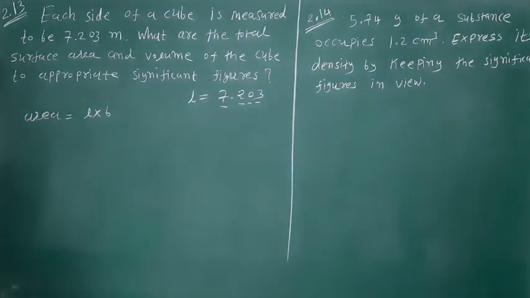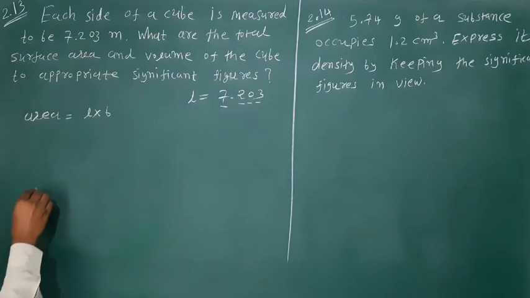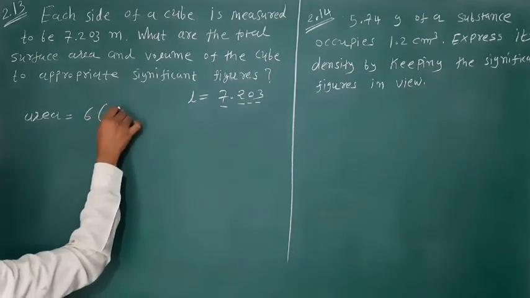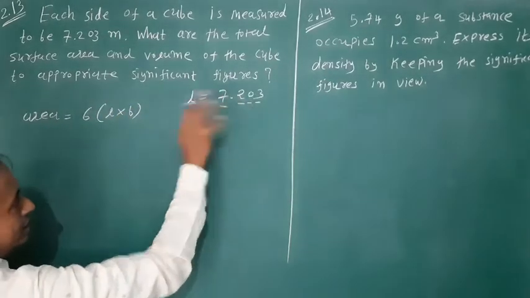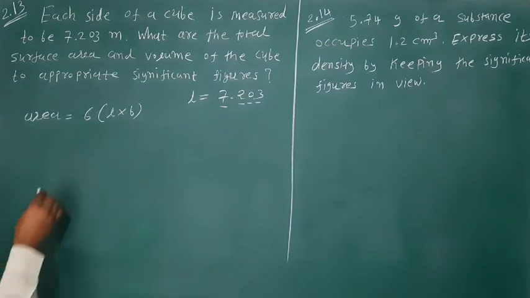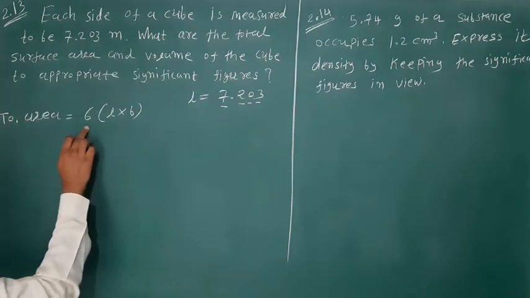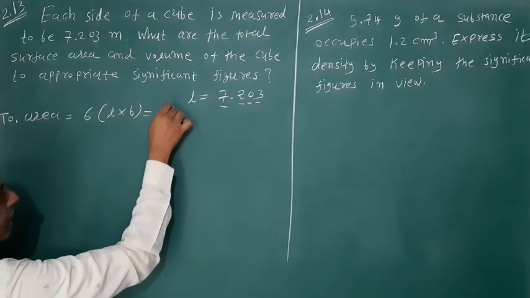So now we want to find out the total surface area. So multiply by 6, means 6 L cross B, where length and breadth are both the same for a cube. So total area is equal to 6 L into B, otherwise 6 L square.